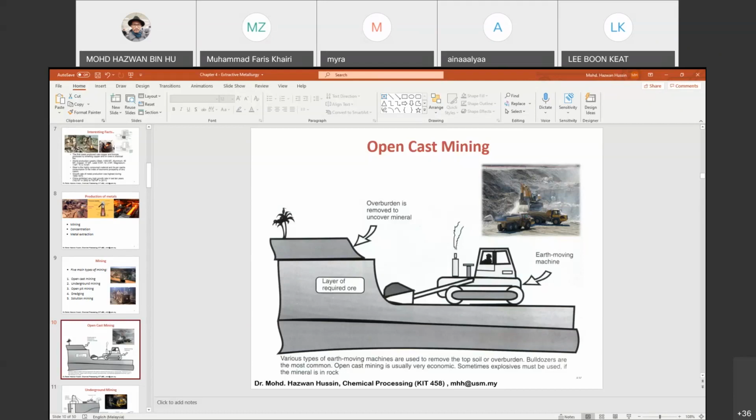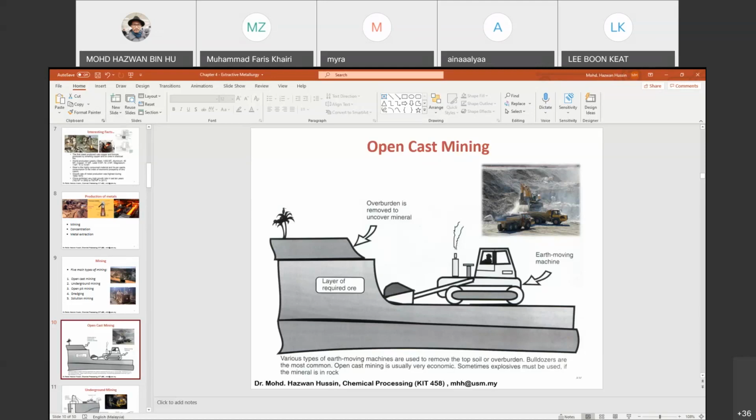Various types of earth-moving machines are used to remove the topsoil or the overburden, because the topsoil normally doesn't contain any minerals. It just contains soil for agriculture or others.